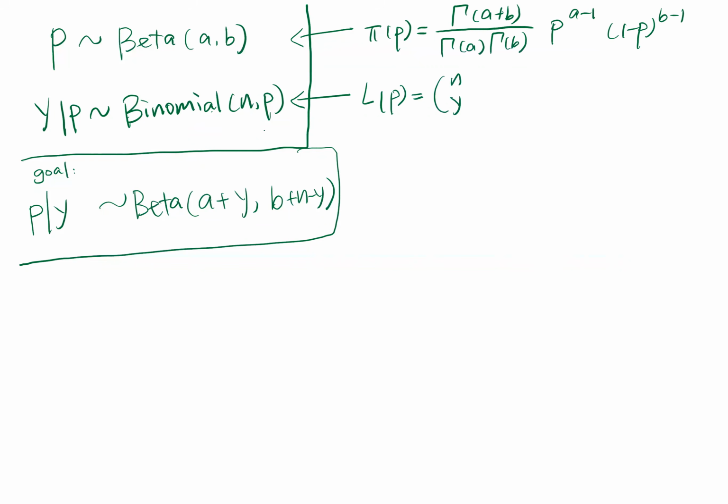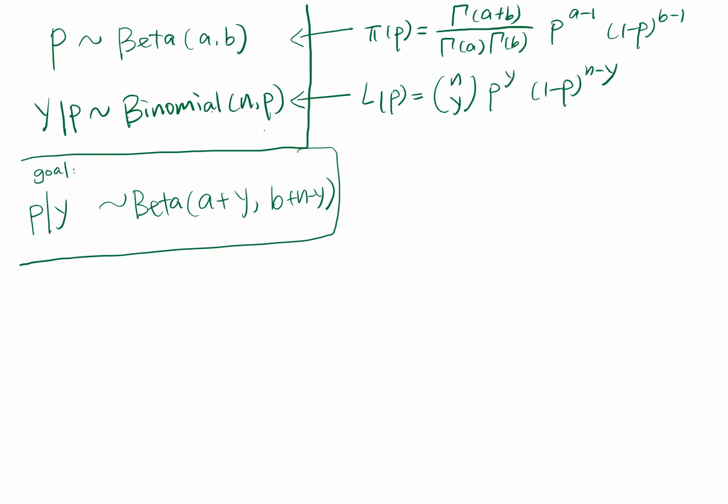N choose y, and then P raised to the power of y, and then 1 minus P raised to n minus y. Okay, so this is pretty much where we started earlier as well, except before, we soon started to throw away those constants. But now let's keep those constants in here, and you can still arrive at the same results, with just a little bit of calculus exercise over here, right?